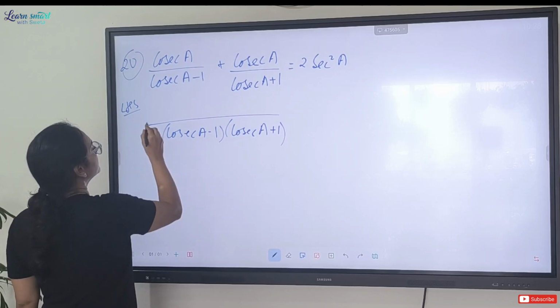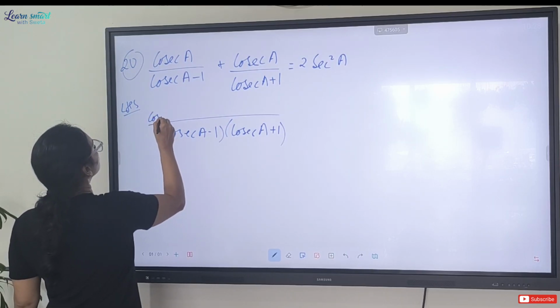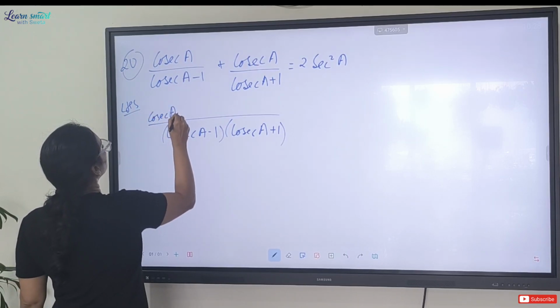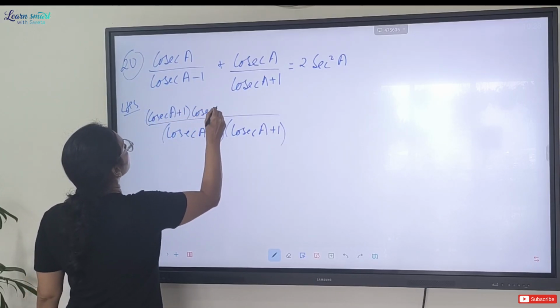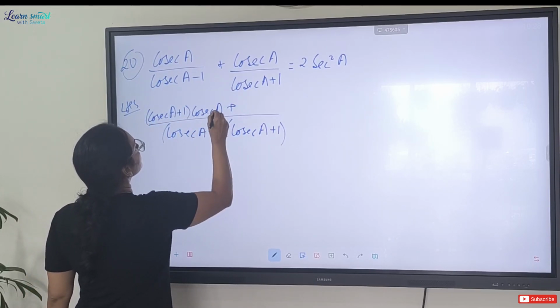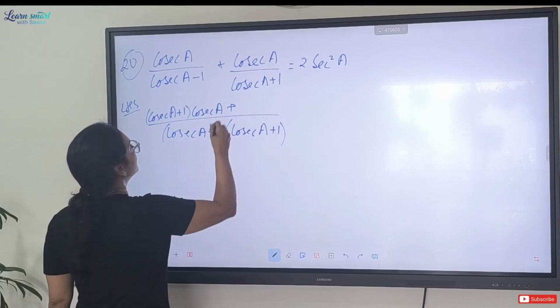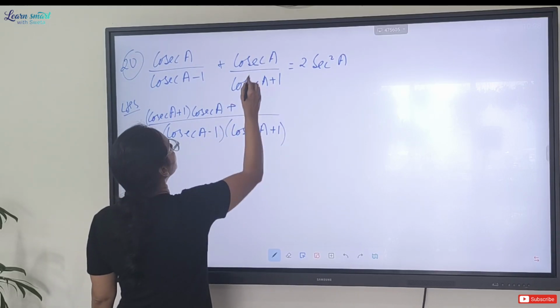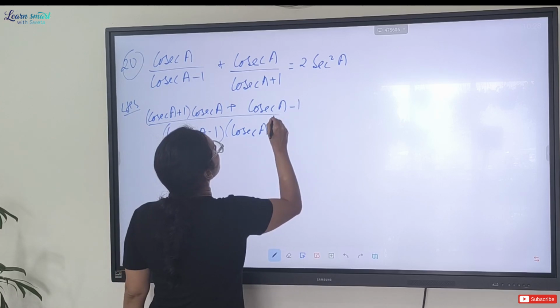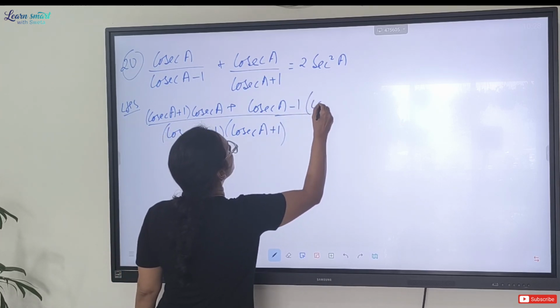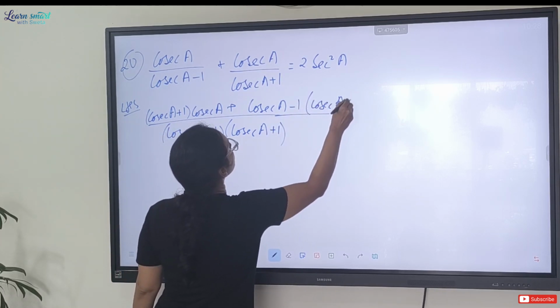And here we will get cosec A plus 1 into cosec A, and plus cosec A minus 1 into cosec A.